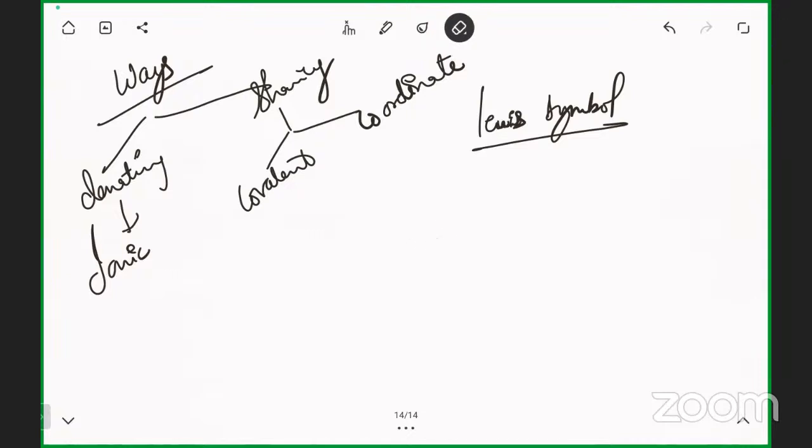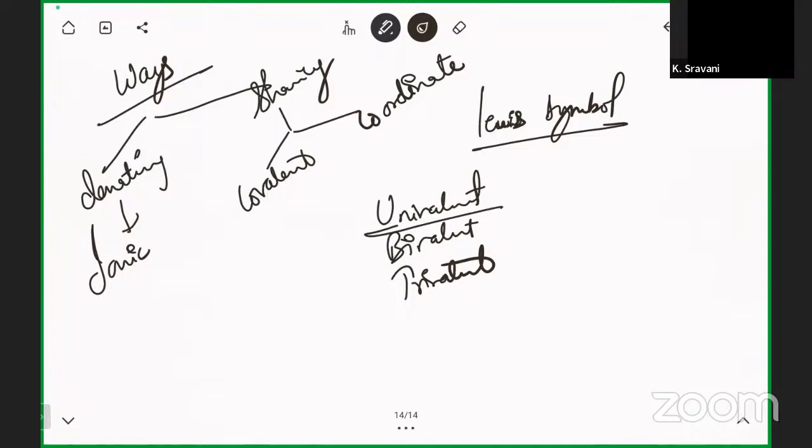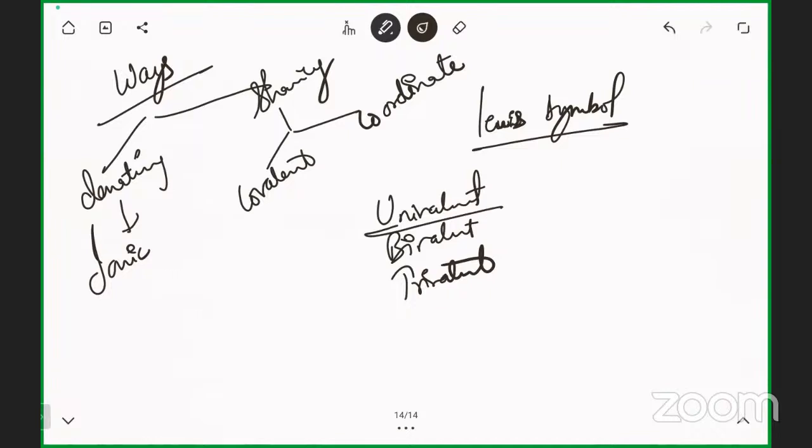Just tell me a quick difference between univalent, bivalent, trivalent. What is univalent? You will not say one electron in the valence shell.